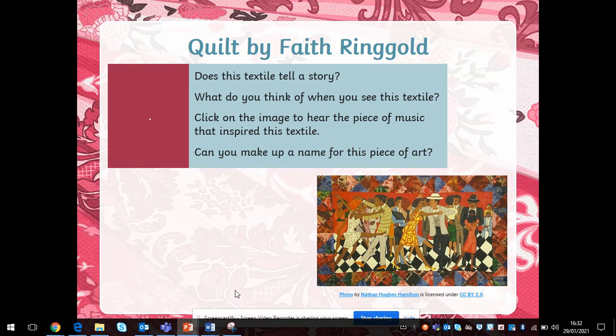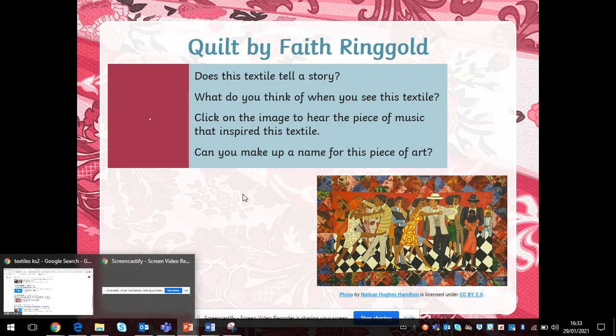Just while we're waiting for it to load, have a think about a name that could go with this piece of art, because I've got quite a few going around in my head. I want you to jot down on the back of your sheet of paper and see what you can think of, all right?